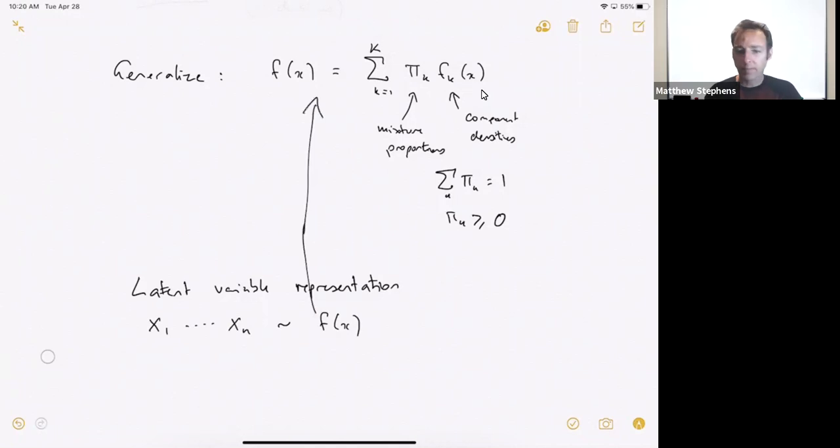So introduce a latent variable. Latent means hidden or unobserved.